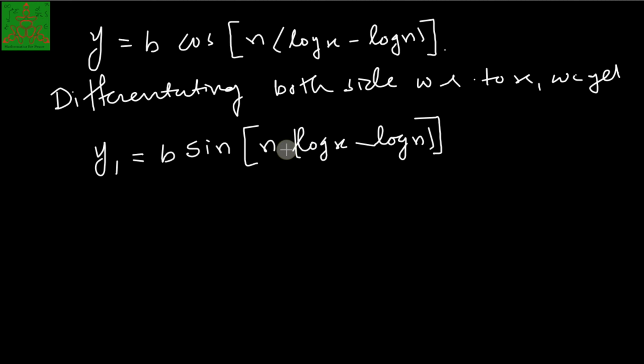A derivative of this inside function: n is a constant quantity and the derivative of log x is 1 upon x. So it will give me n upon x, and the derivative of log n is 0. So it actually gives me n by x.